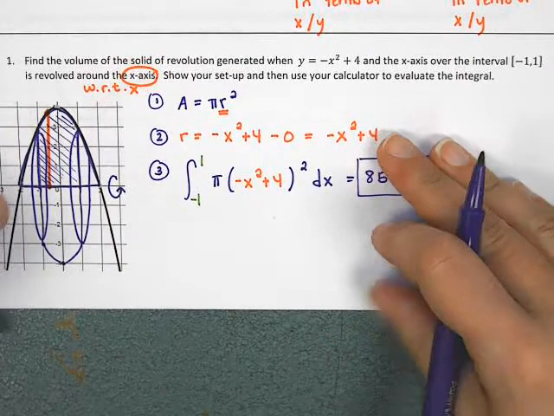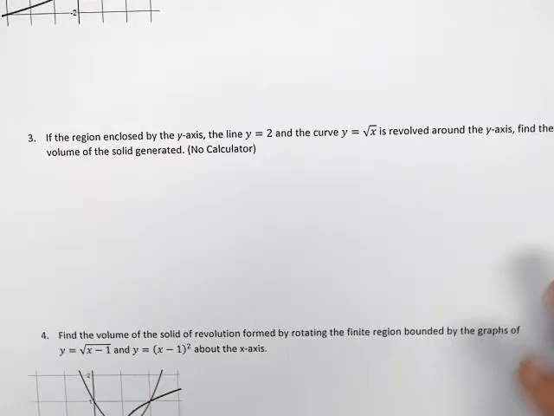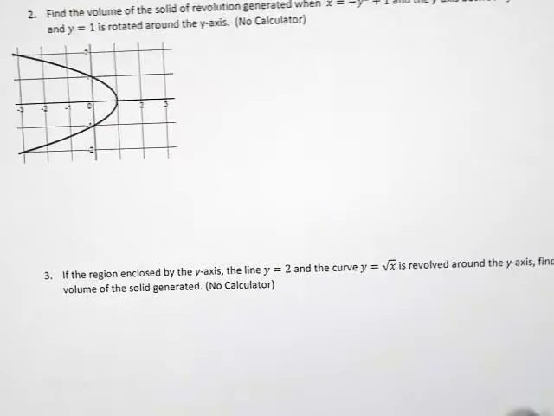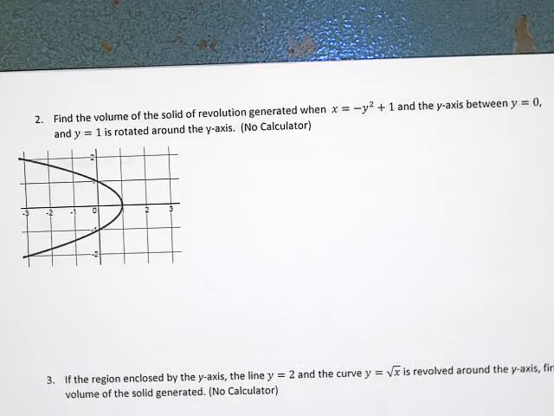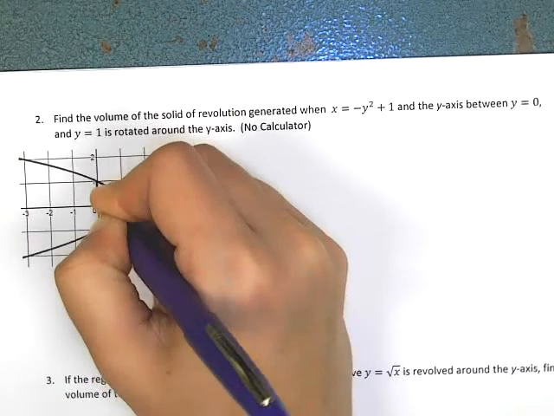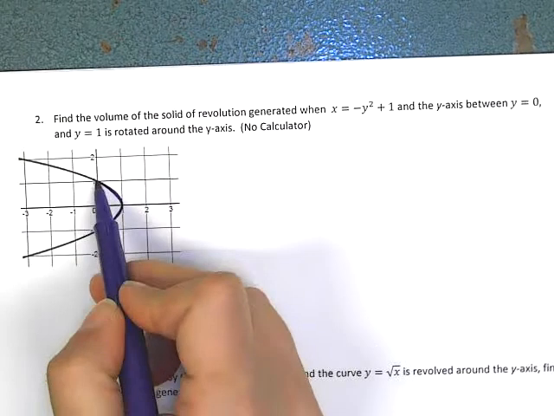Okay, let's take a look at the next problem. So problem number 2 says find the volume of the solid of revolution generated when x equals negative y squared plus 1 and the y-axis between y equals 0 and y equals 1 is rotated around the y-axis. So I'm looking for the area trapped between this graph and the y-axis between negative 1 and 1.